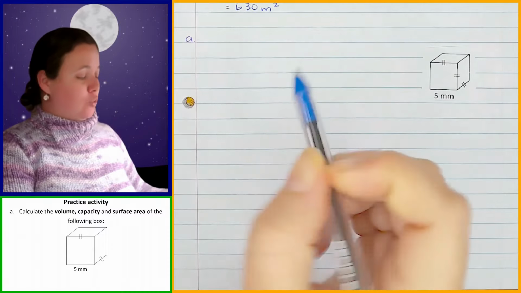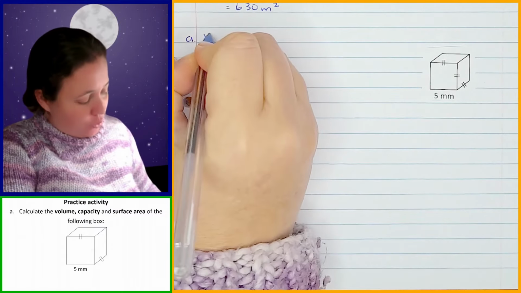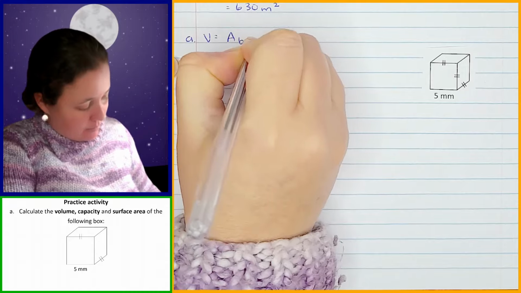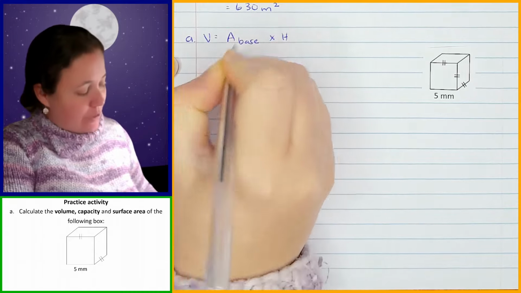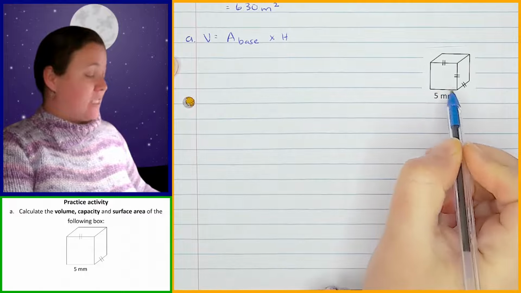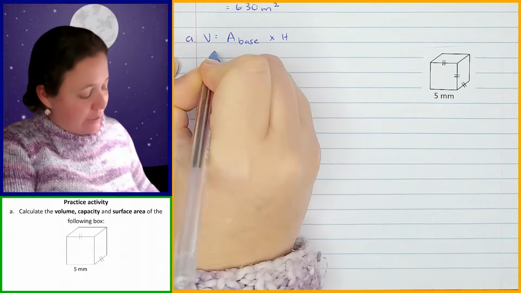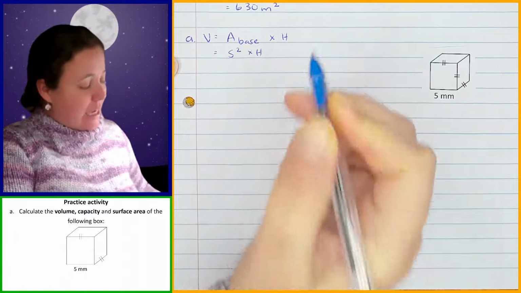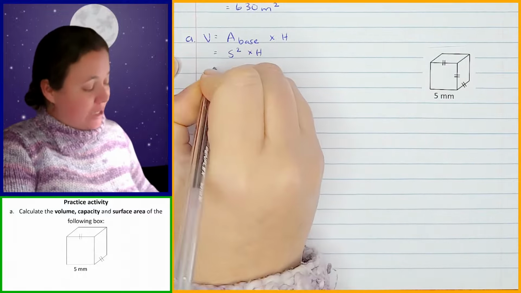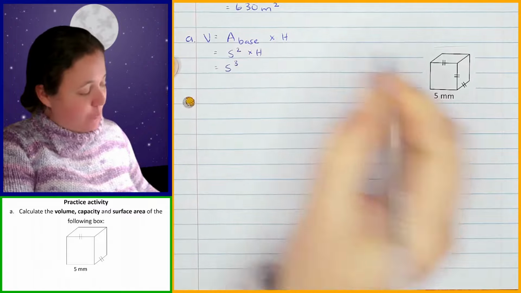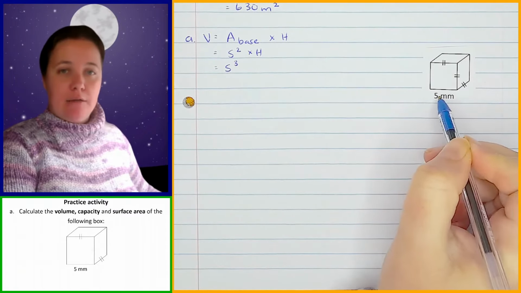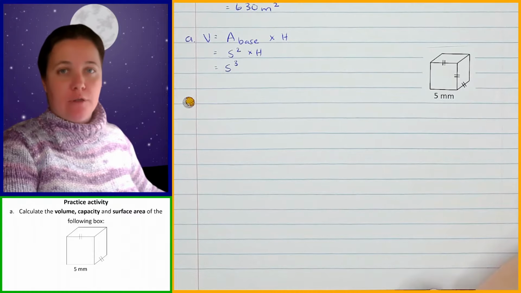Okay, so to work out the volume of our cube, again, it's area of base times height. Now the base is a square, so that's going to be side squared times the height. Another way of writing this could actually just be side cubed, because the height is the same as the dimensions of the square.